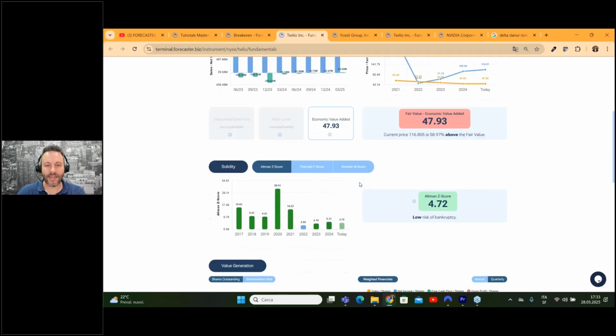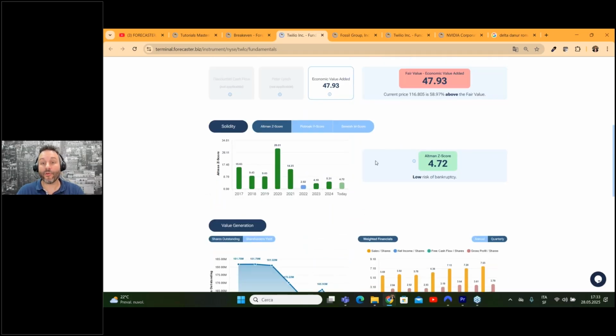If we go here, of course we have to go deeper inside the analysis, and as you can see, we can find a company which is solid with an Altman Z-score of more than 4, so the risk of bankruptcy is very low, very interesting.